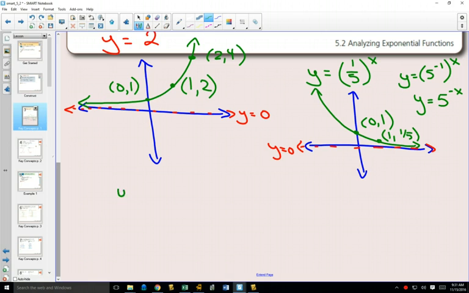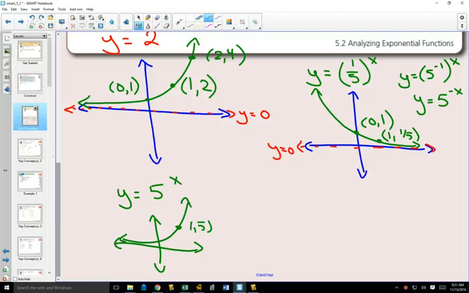So if I think of this graph, 5 to the x, looking like this, with 1 comma 5, and if that graph is flipped over the y-axis, I now have the point negative 1 comma 5, and that shows up in the 1/5 graph. So some connections between transformations and our graphs.